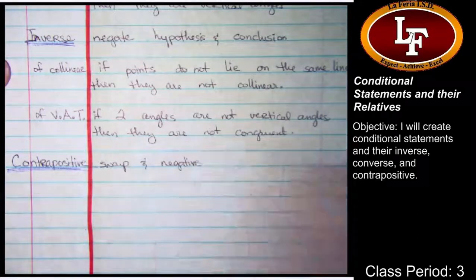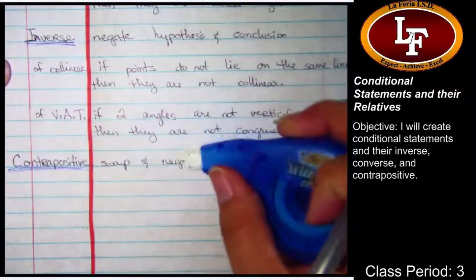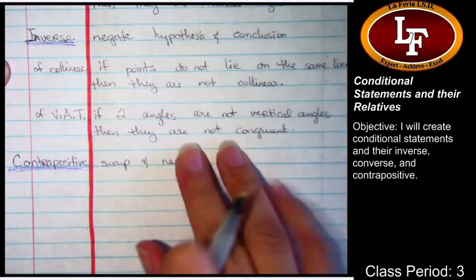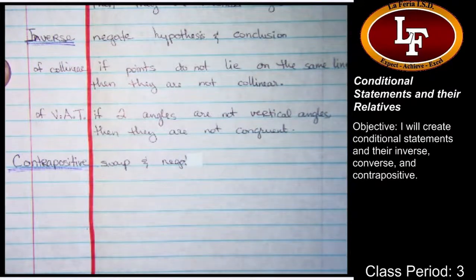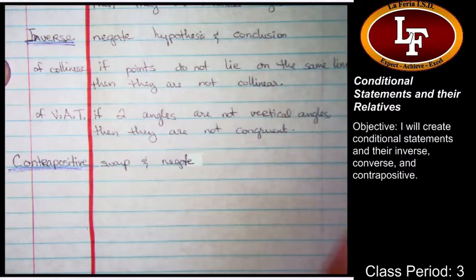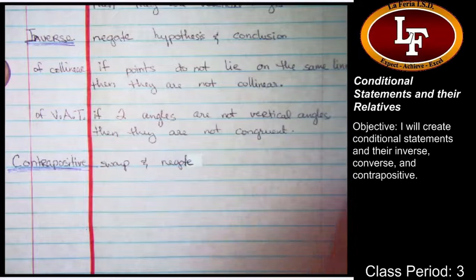To get the contrapositive, you either take the inverse and swap the hypothesis and conclusion, then it goes right back to the original statement, or you go to the converse and negate the hypothesis and the conclusion. Either way you do it, both ways are right. You're going to get to the same place.